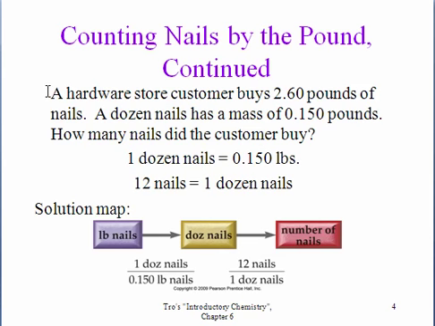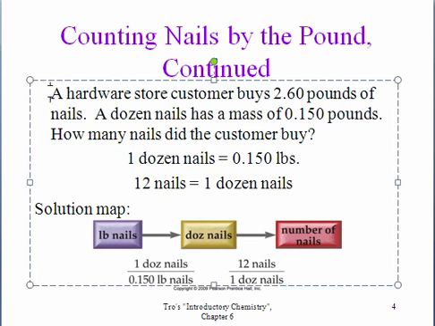Here is our question. A hardware store customer buys 2.6 pounds of nails. A dozen nails has a mass of 0.15 pounds. How many nails did the customer buy? Okay, so let's write out our given and our wanted.